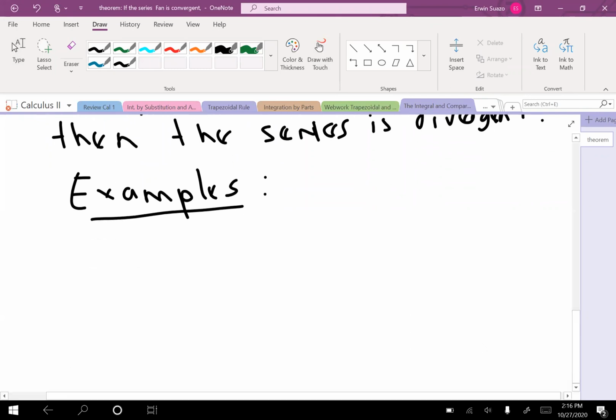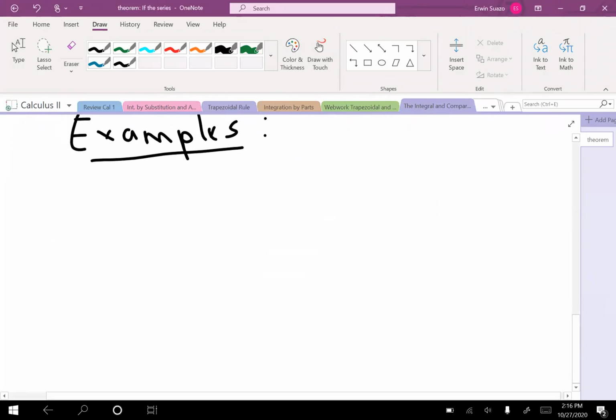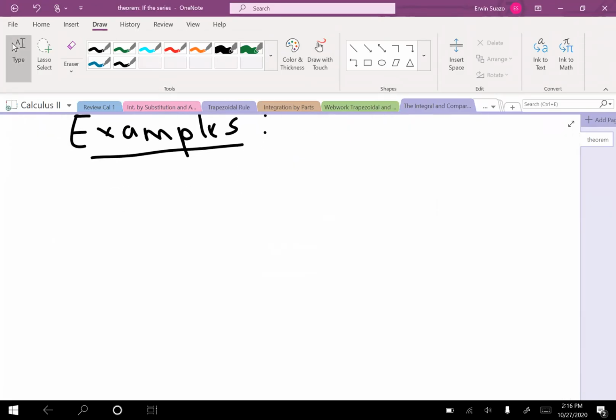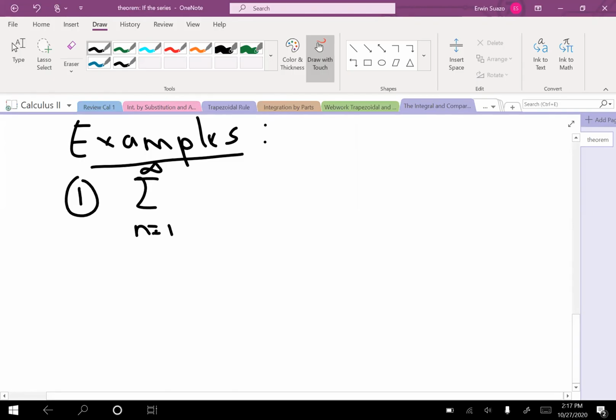But basically, this test of divergence tells you what is bad. It's going to tell you right away when a series is bad. So let me give you something easy, let's say trivial: the sum from n equals 1 to infinity of 5n.